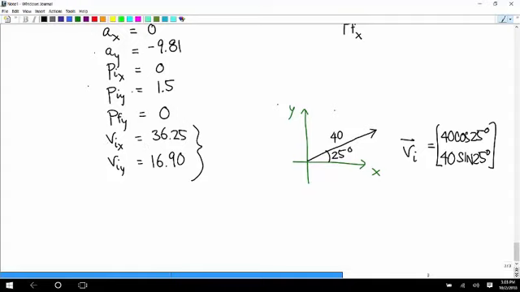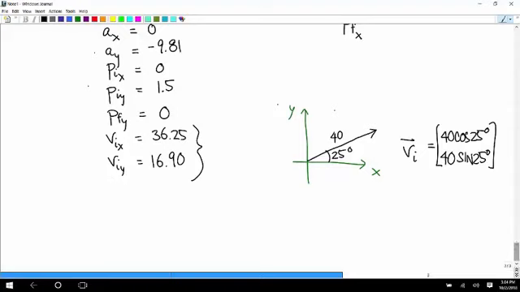But now that I've said all that, we're going to pretend like we don't know that. We're going to pretend that's something we have to calculate each time. If you do write that down in your column of things that you know, it will sometimes look like there's an equation that works when, if you plug it in, all this stuff cancels out and you get a 0 equals 0 equation that doesn't help anything. So we're going to treat it like we don't know anything about the final velocity.